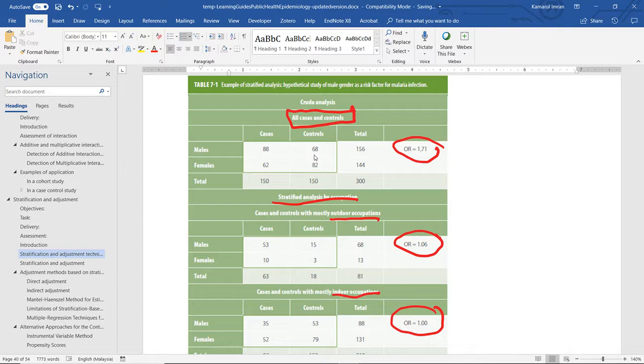This study would like to examine the relationship between sex and being infected with malaria. So the odds ratio of 1.71 tells us that there is an association between sex and malaria infection, right?